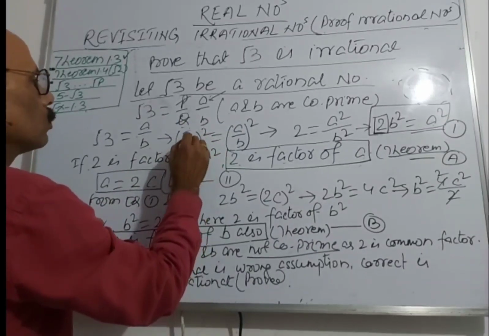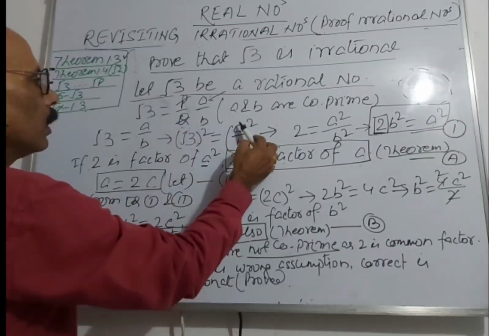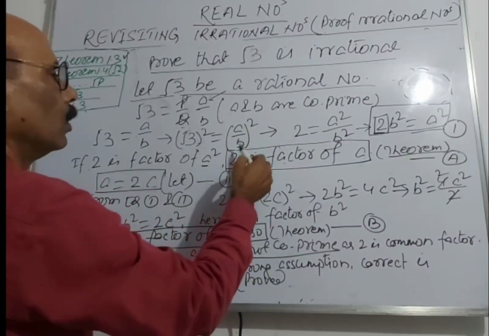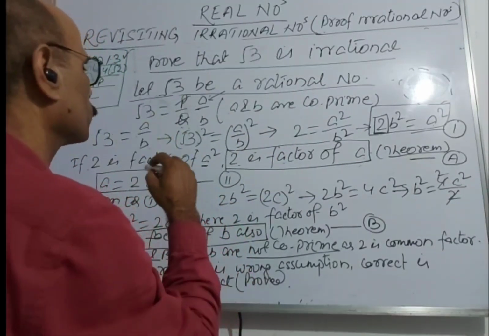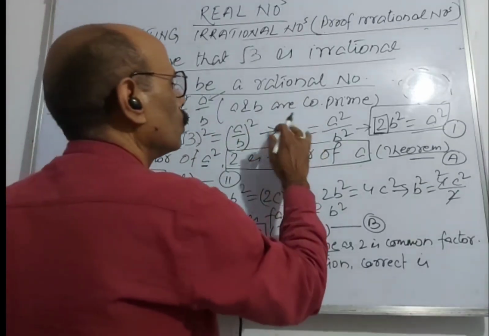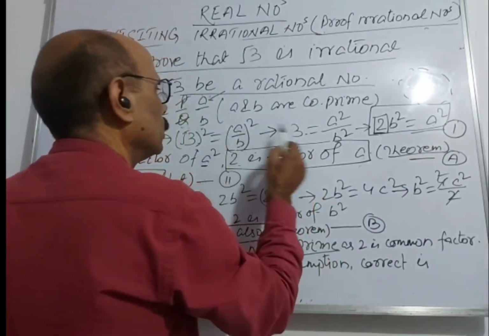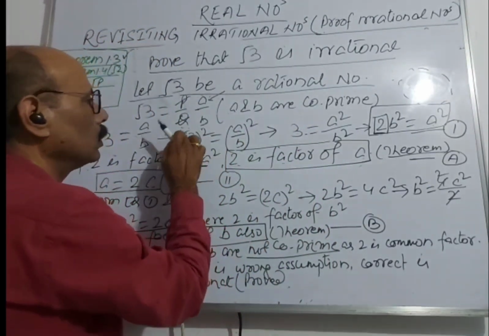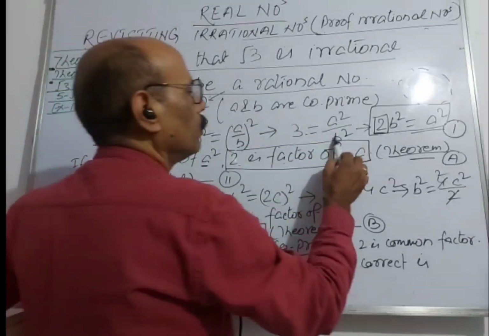Here, squaring the left side and the right side: root 3 square is equal to A by B whole square. Root 3 square is only 3. So 3 equals A square by B square.